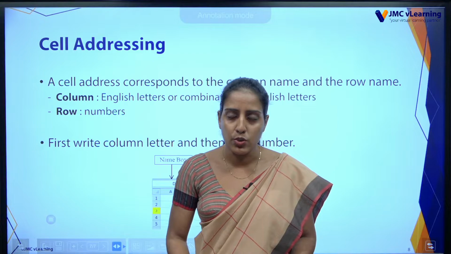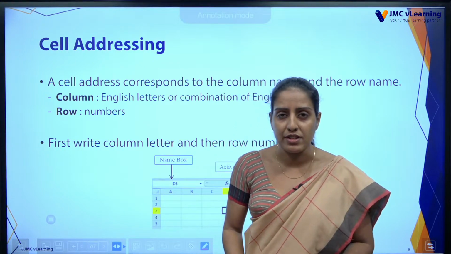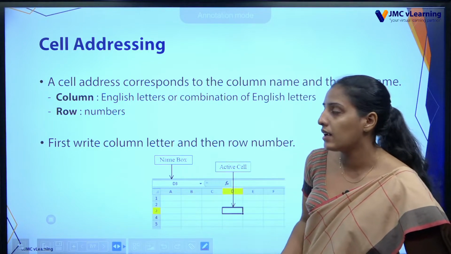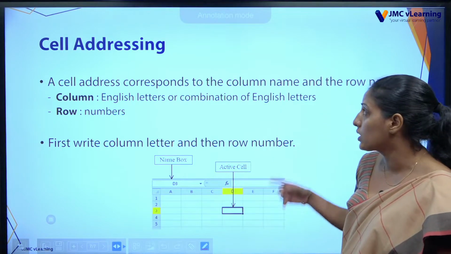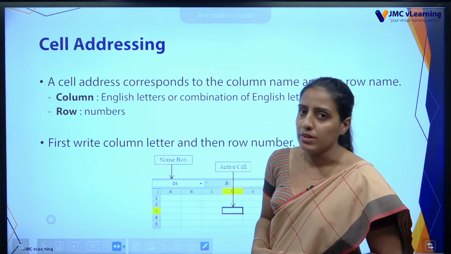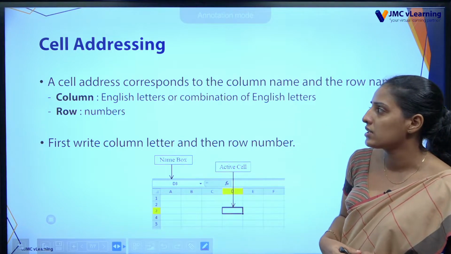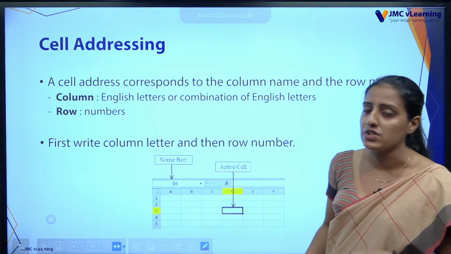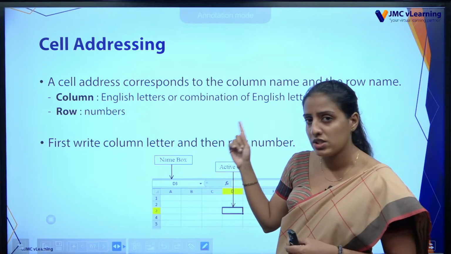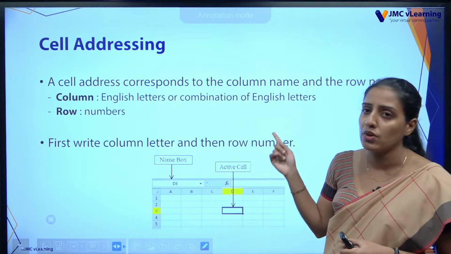Now let us start to identify cell addressing. This is a really important part in Microsoft Excel. A cell address corresponds to the column name and the row number. What is a column? Columns are English letters or combinations of English letters. After the alphabet A to Z, columns continue with combinations of letters.